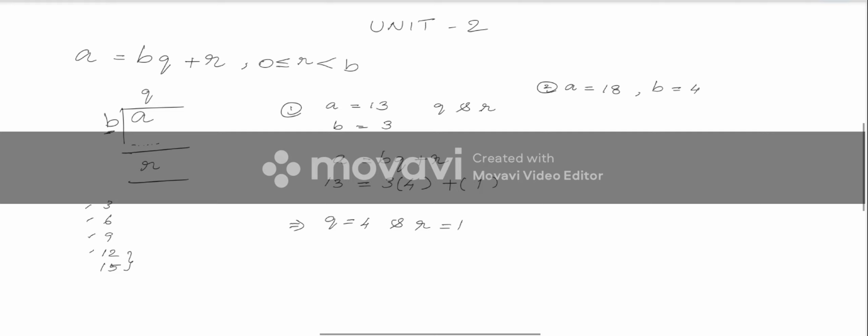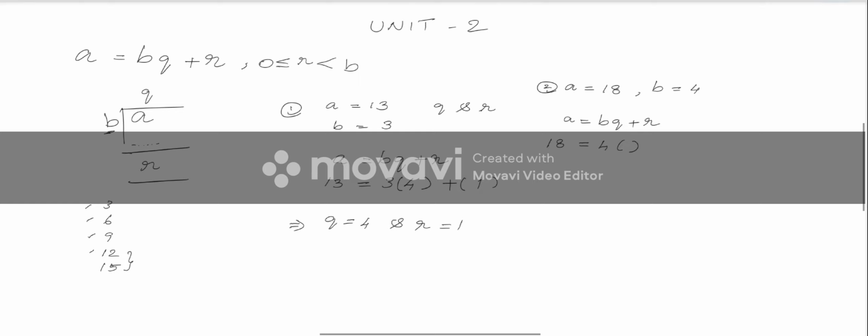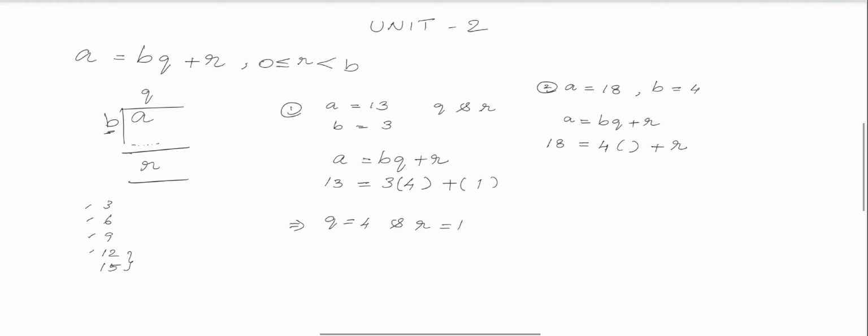Using the lemma, a = bq + r, so 18 = 4 × ( ) + r. Here what is your b? The divisor is 4, isn't it? So you write the 4 times table.